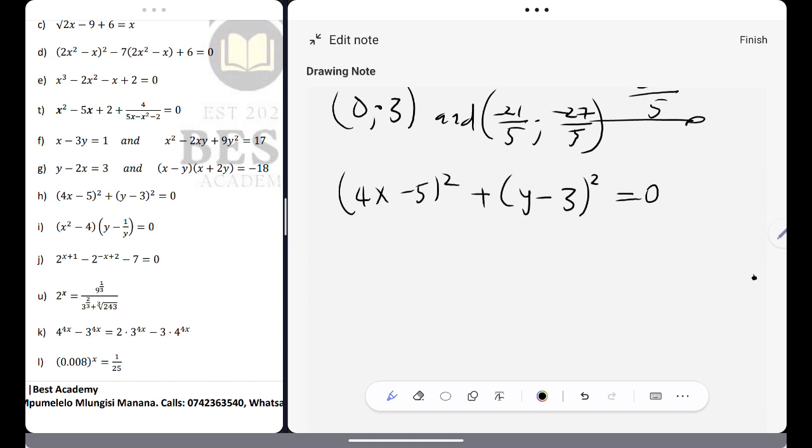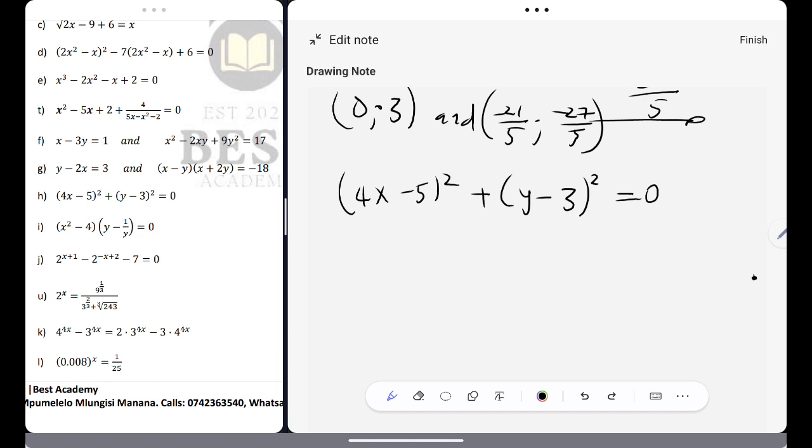Both of these things are squared, so there's no way that this part is negative or that part is negative. Are you together? So it simply means I'm adding two zeros. For me to get 0, if I'm adding two things and none of them are negative, both of them must be equal to 0.